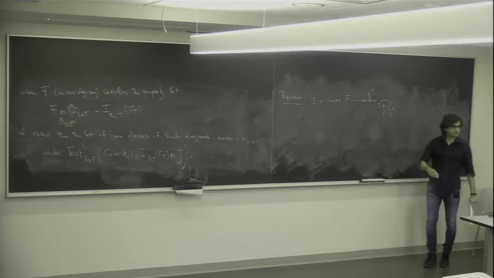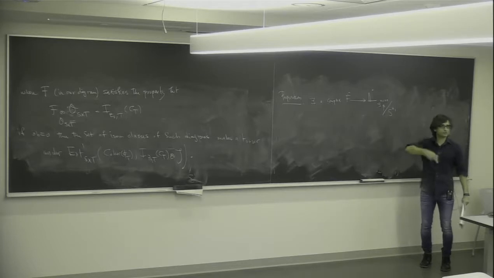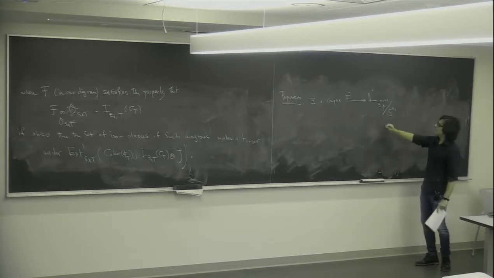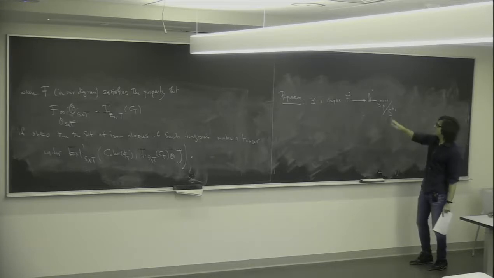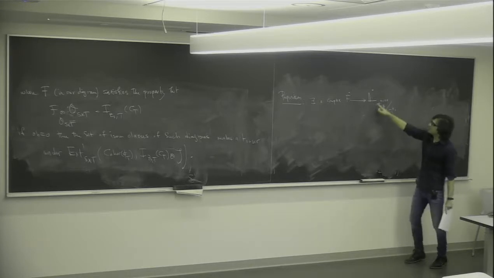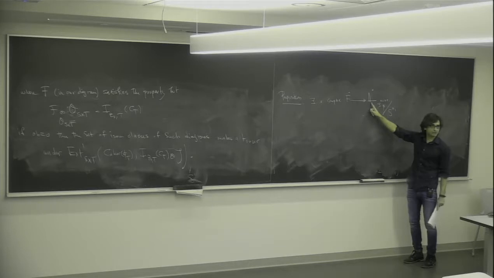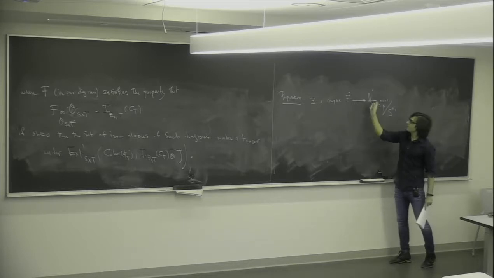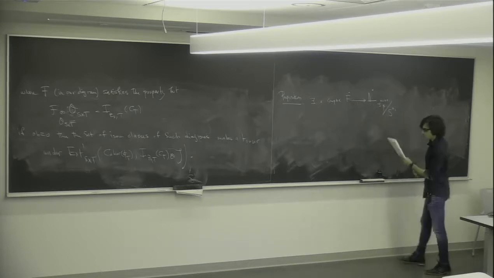Remember that I wanted to construct a relative obstruction theory for that vertical map. So the vertical space, the space that is parameterized by those maps, that's this guy, and it has a cotangent complex. And for that, we are constructing an obstruction theory.